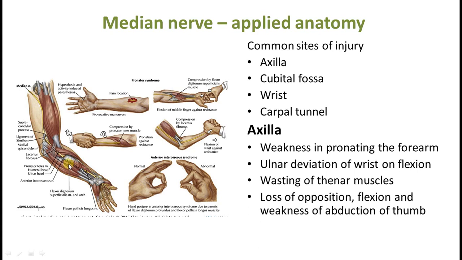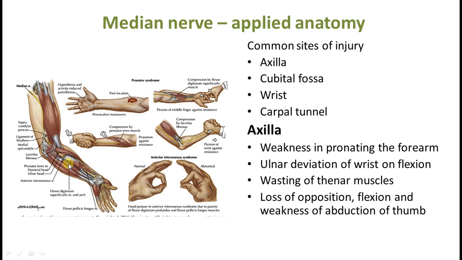Then you have thenar muscles wasting. So you have loss of opposition due to opponens pollicis, then loss of flexion and weakness of abduction of thumb because of the abductor pollicis brevis and flexor pollicis brevis.